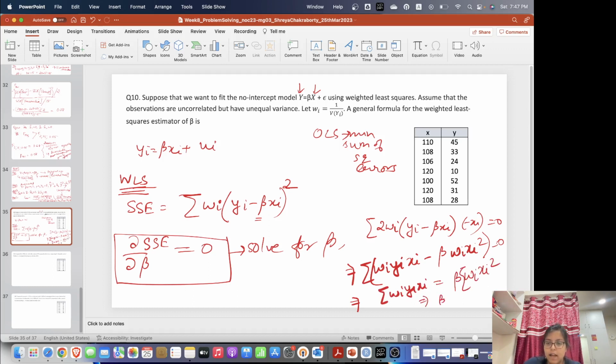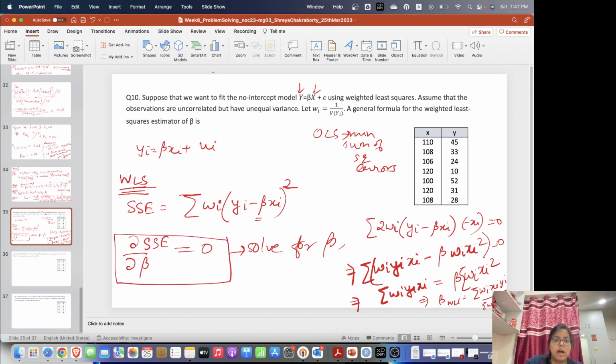So beta WLS will be summation wi xi yi by summation wi xi square. This is the general formula for the weighted least squares estimator.